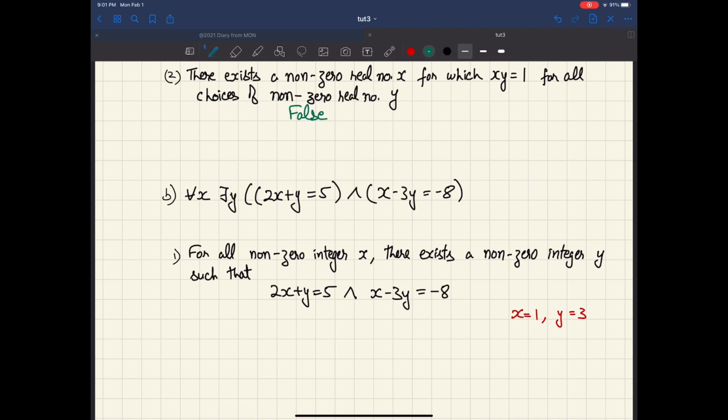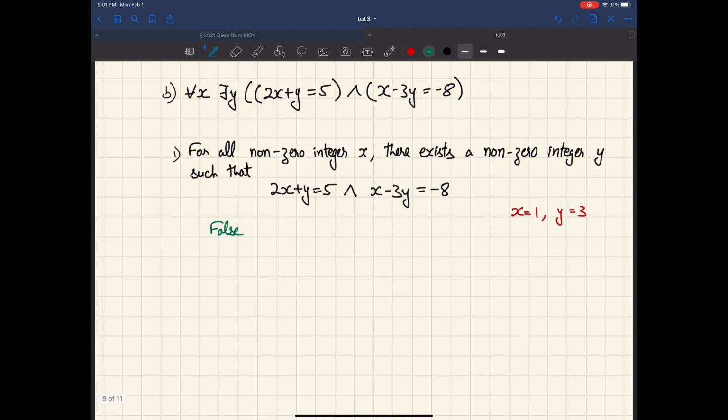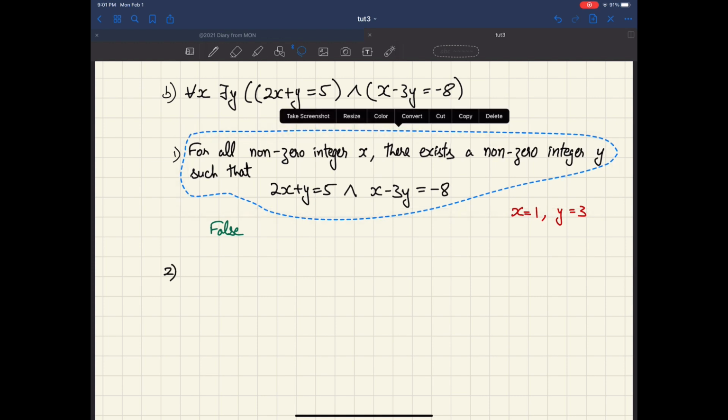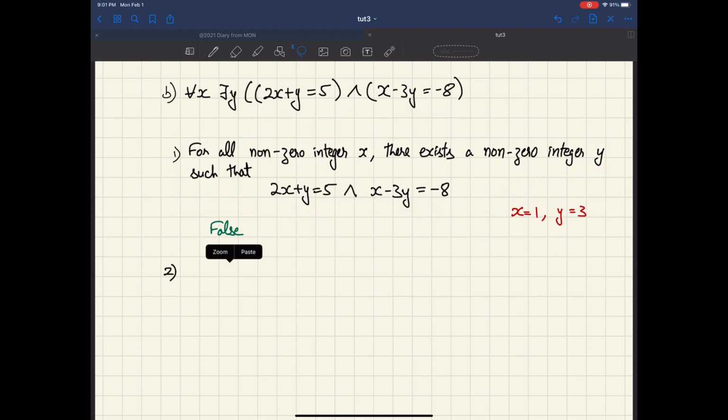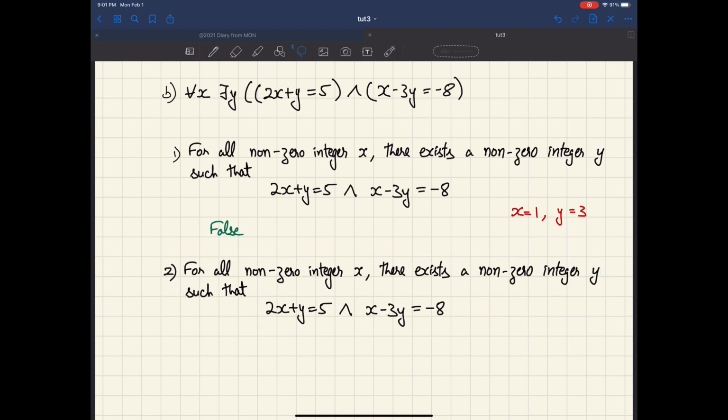And for the second part, we have for all non-zero real numbers x, there exists a non-zero real number y such that these two equations are satisfied. Again, since we have just one unique solution to both these equations, it does not matter whether it's an integer or a real number.